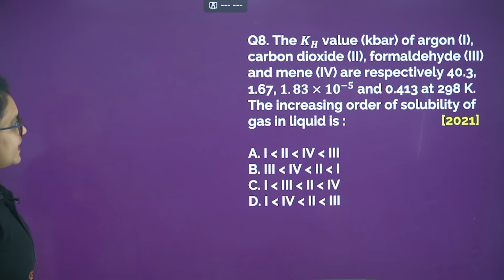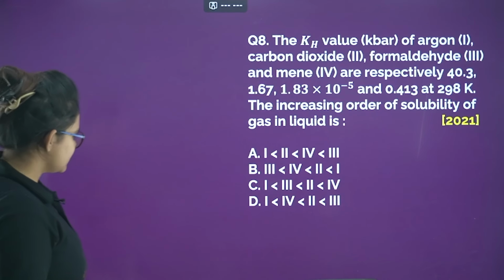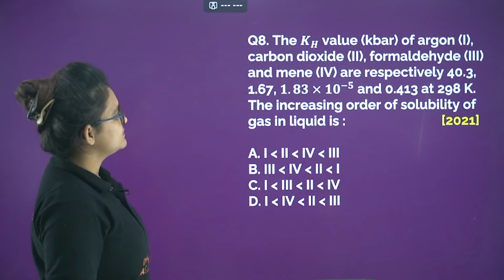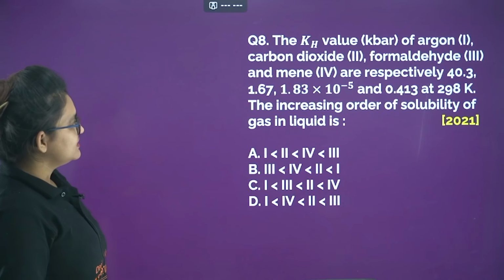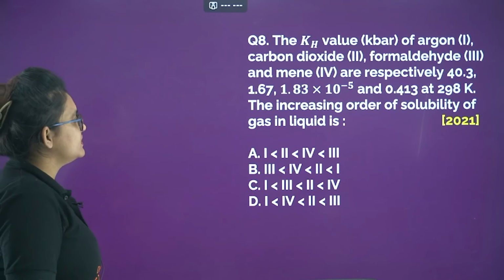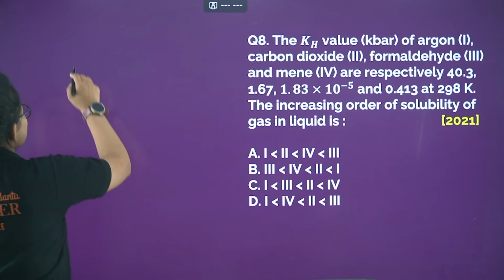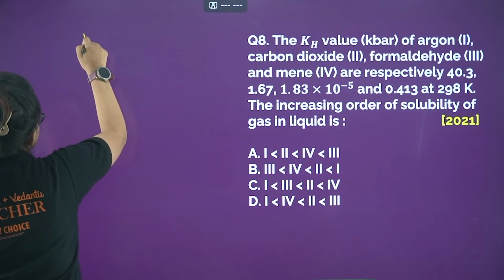The values of KH of argon, carbon dioxide, formaldehyde, and methane (just a typing mistake) are given, and we need the increasing order of solubility. This is targeting the same idea.